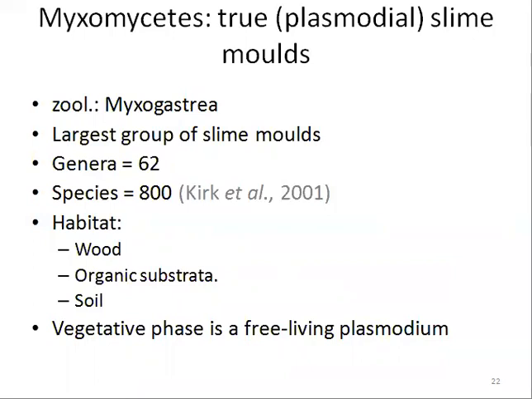These are the familiar slime molds so common on moist, decaying wood and other organic substrata. They are also abundant in soil. The vegetative phase is a free-living plasmodium, which is a multinucleate wall-less mass of protoplasm. This may or may not be covered by a slimy sheath.